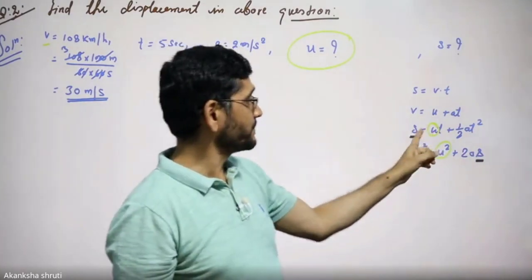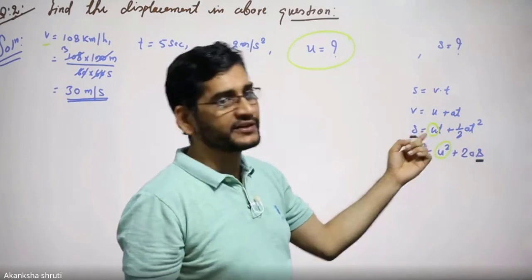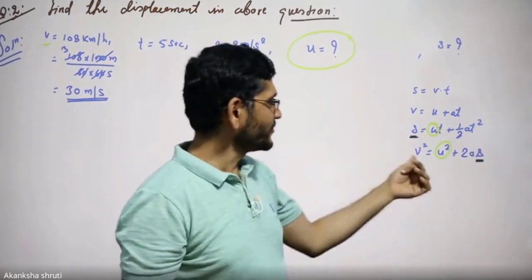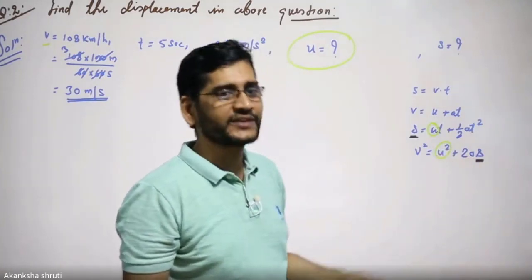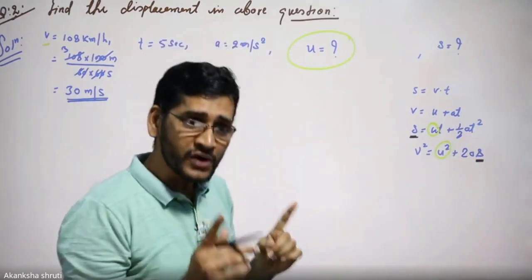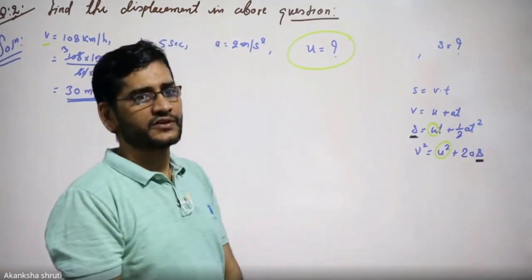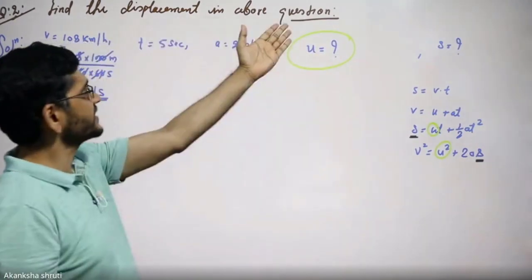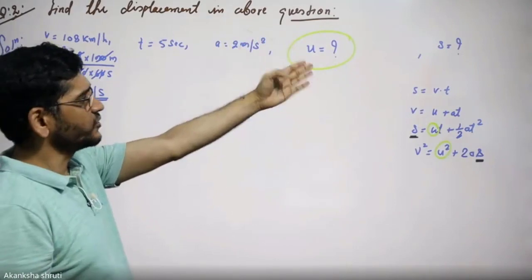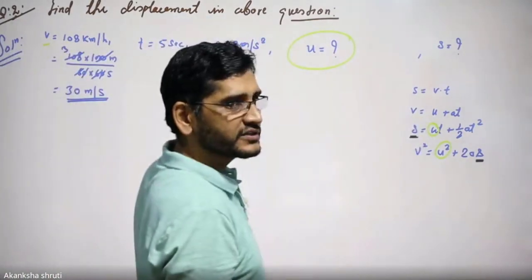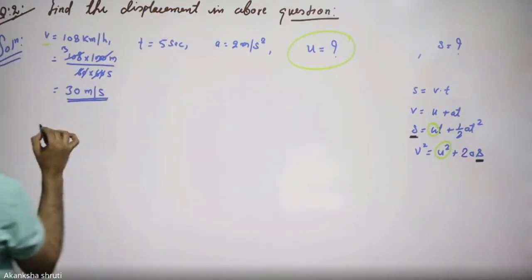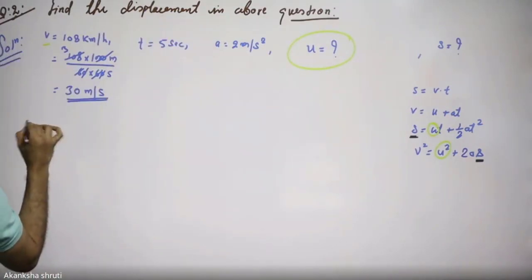But for applying the second equation, again we need to calculate U. Or even for the third equation, we need to calculate U. So U has to be calculated first, whether it is asked in the question or not. Therefore, whatever calculation we did earlier, we have to do here also.